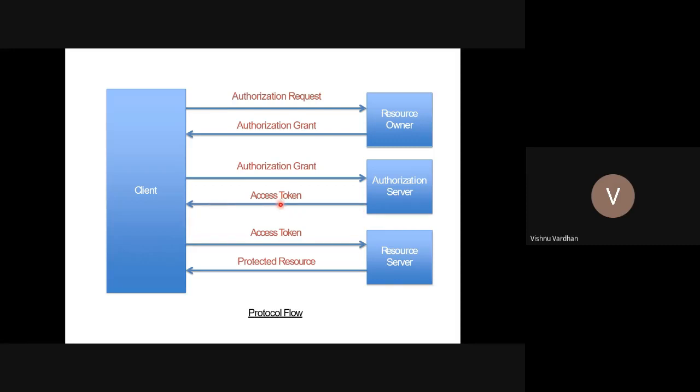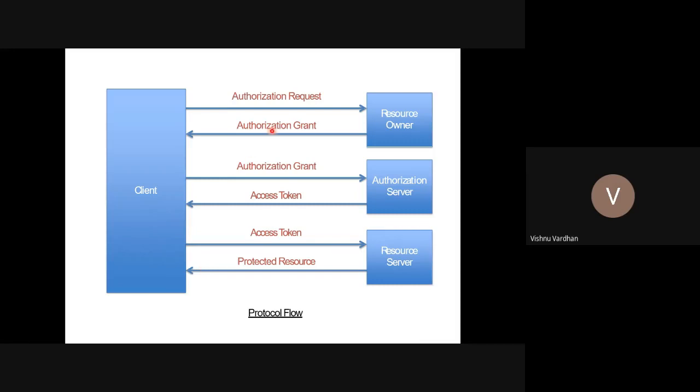Now, using this access token, the client sends the request for getting the resources. After verifying the access token, the resource server can judge whether to release the protected resource or simply deny.